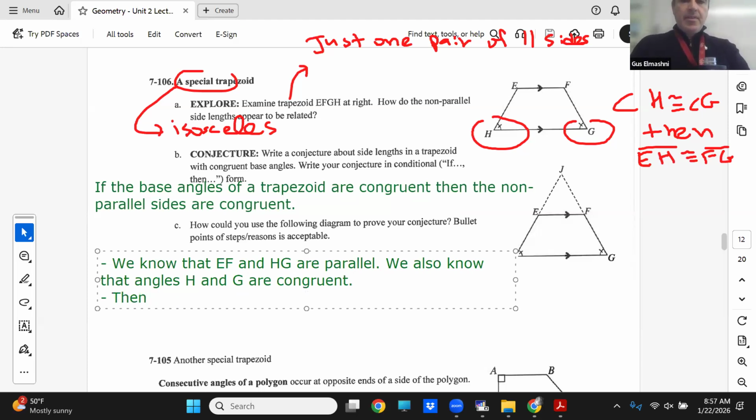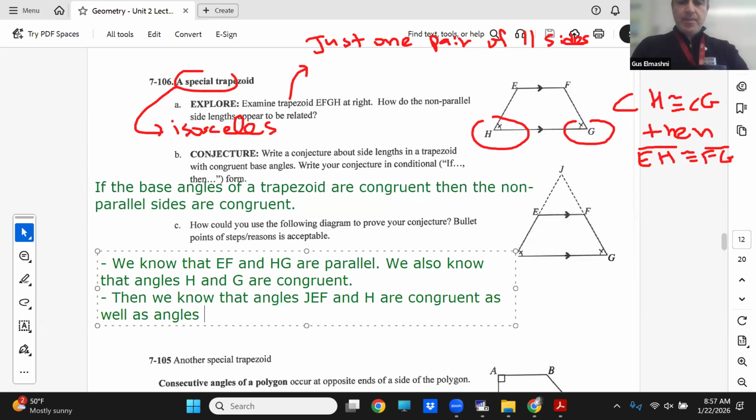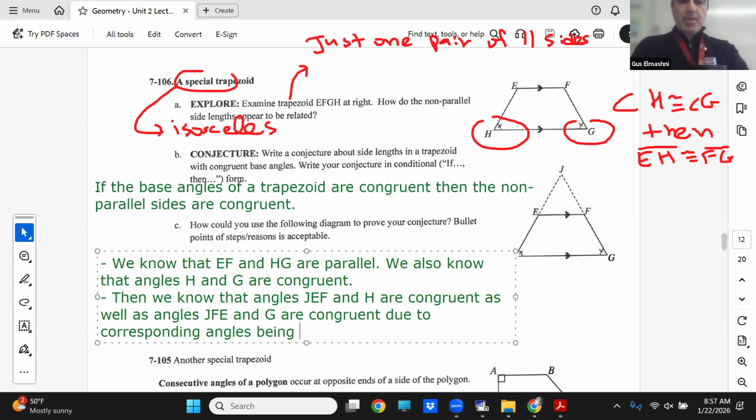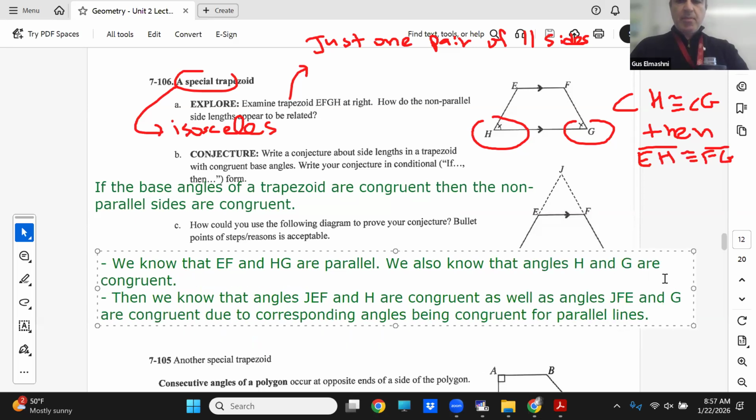Then we know that angles JF and H are congruent, as well as angles JFE and G are congruent, due to corresponding angles being congruent for parallel lines. And I'll stop so you guys can copy. That's quite a mouthful there.